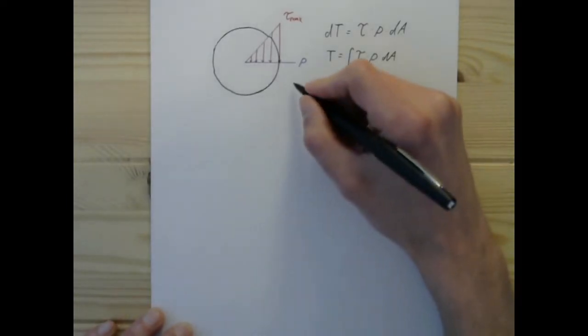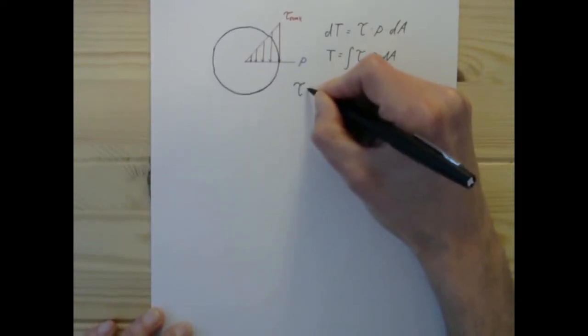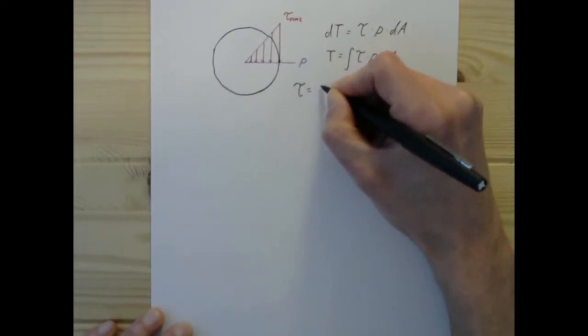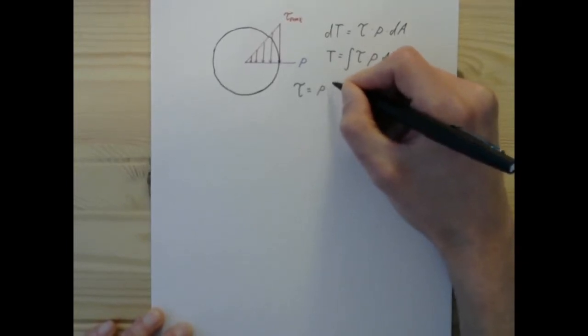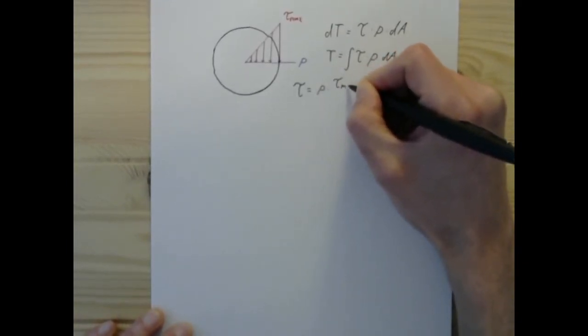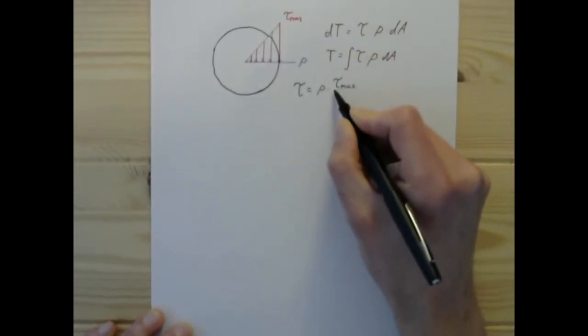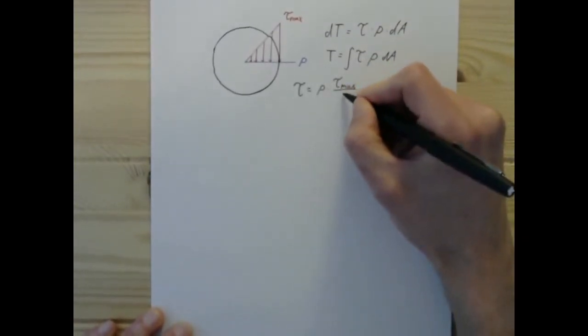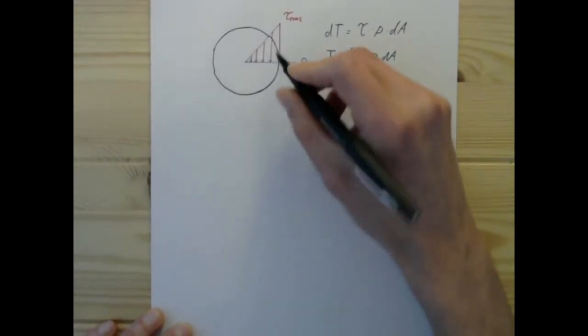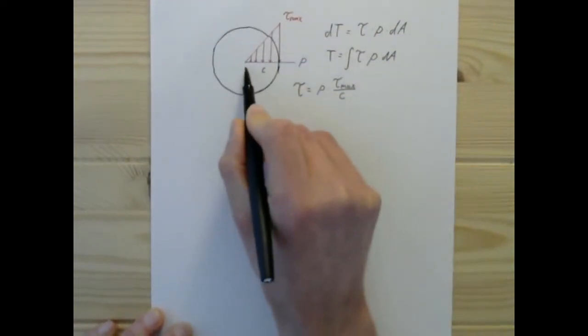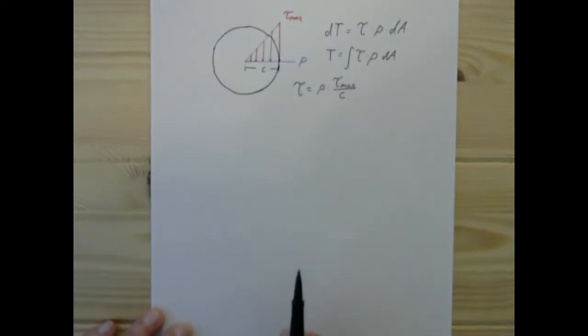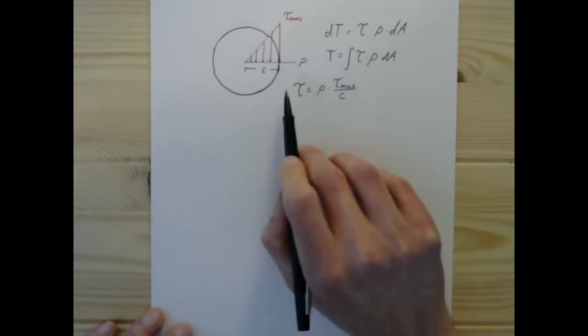The shear stress is going to be equal to rho, our distance from the centroid, times whatever the maximum shear stress is, divided by the maximum distance, c. Any more than that, and there is no stress because you're out of the rod, and air is not going to be holding shear stress for you.